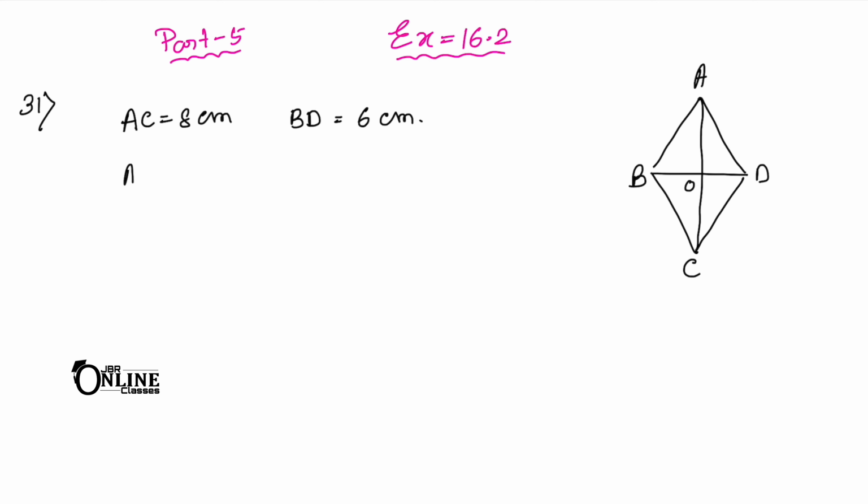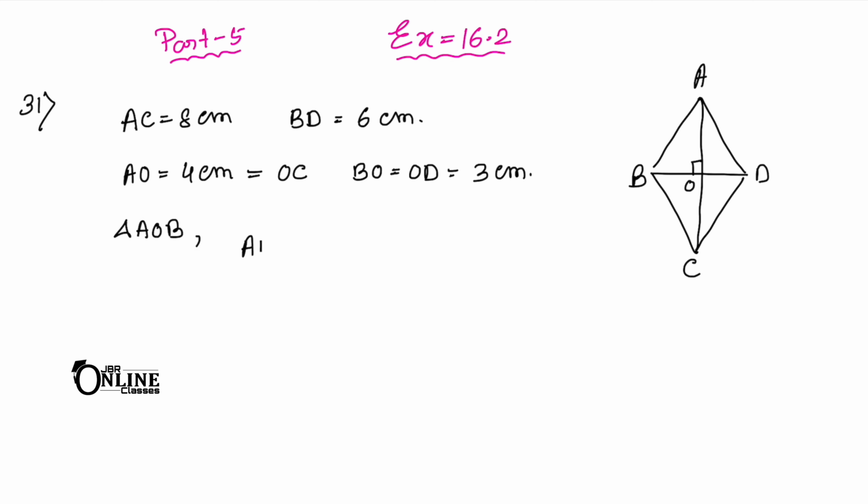So definitely AO equals 4 centimeter, which also equals OC, and likewise BO equals OD equals 3 centimeter, because the diagonals of a rhombus bisect each other perpendicularly also. As these angles are 90 degrees, triangle AOB is a right angle triangle.